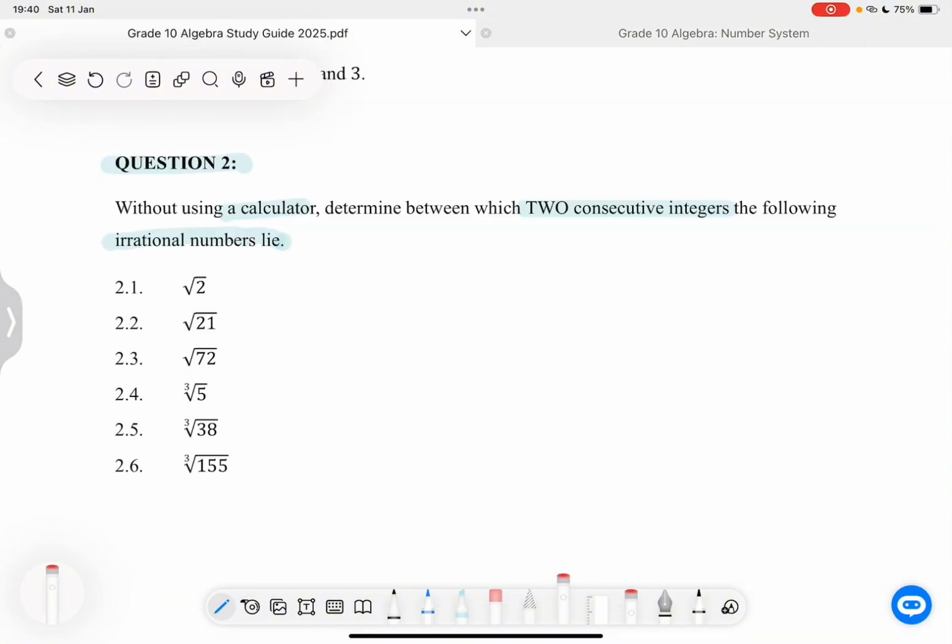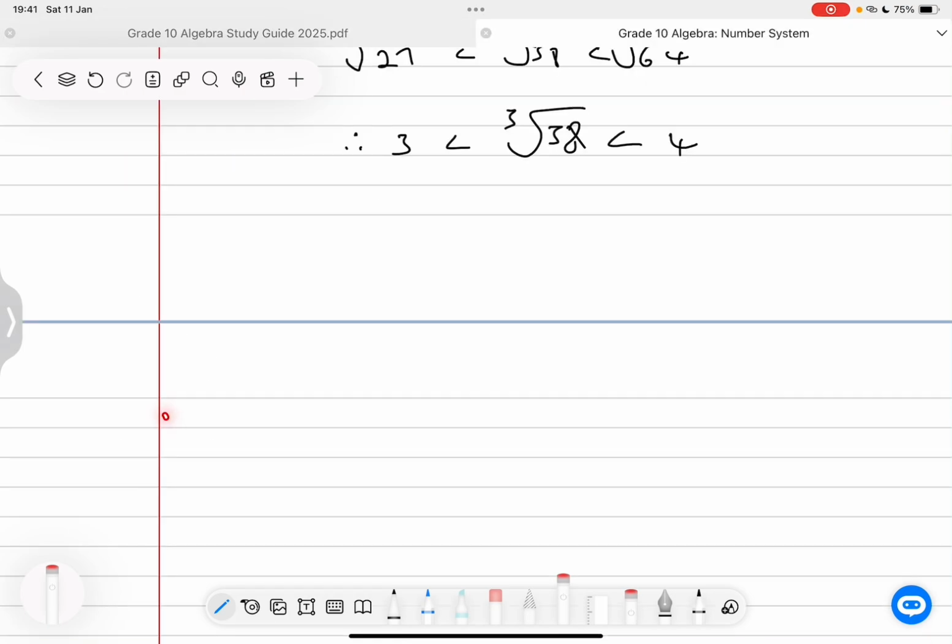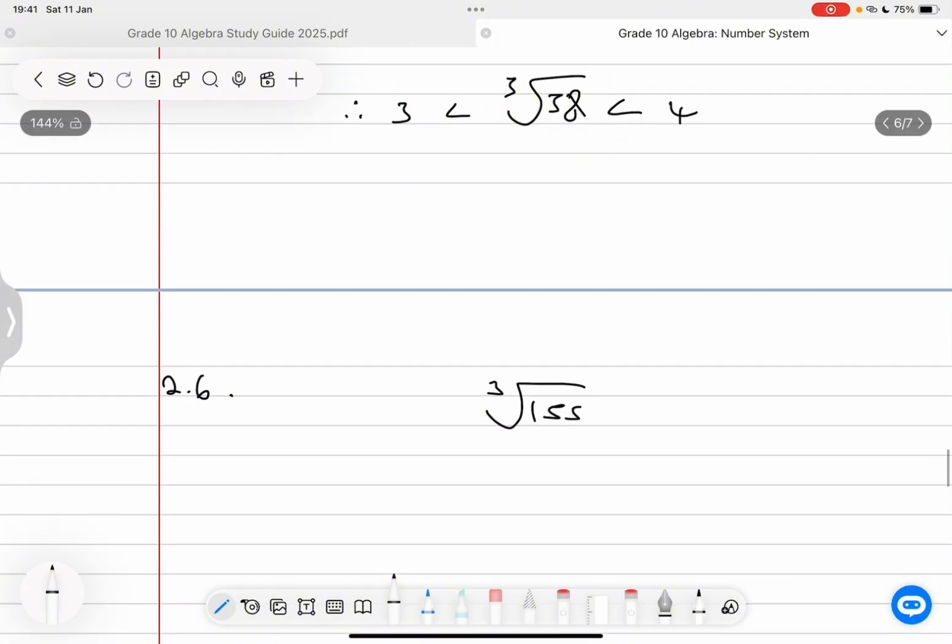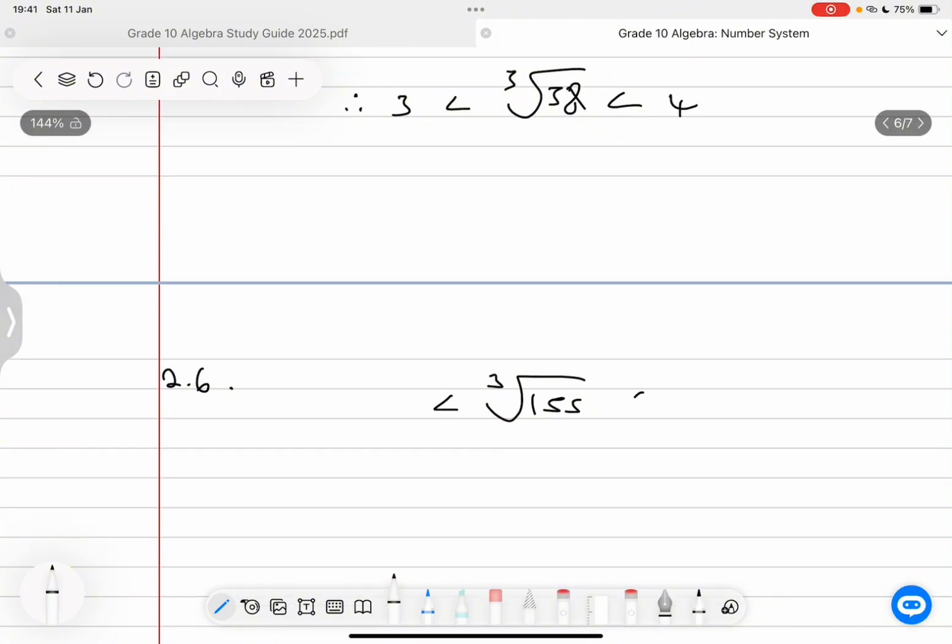The last question says we should find the cubic root of 155. So here we have 2.6. We are looking for the cubic root of 155. This question could be a bit problematic because here we are not allowed to use a calculator and it's a big number.